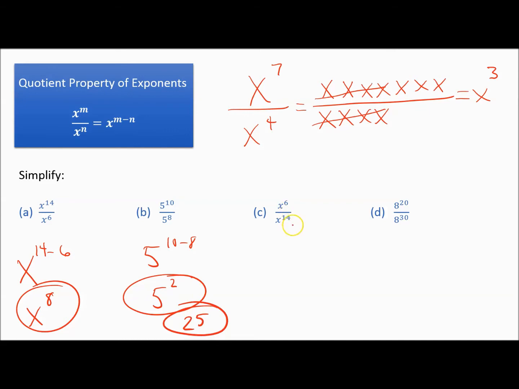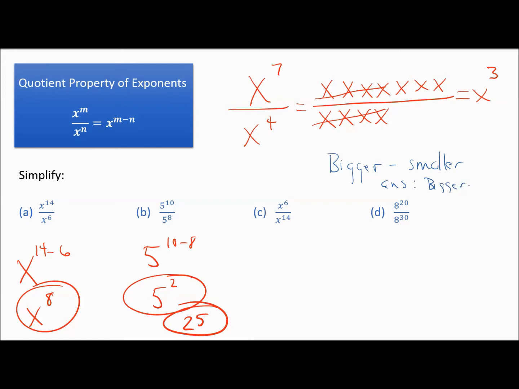Now look at this. This is a little different. If you have x to the 6th over x to the 14th, if I do 6 minus 14, that gives me a negative number. So what I want you to think about here, I'm going to use a different color, is you need a rule that's going to be bigger exponent minus the smaller exponent, and the answer is where the larger is.